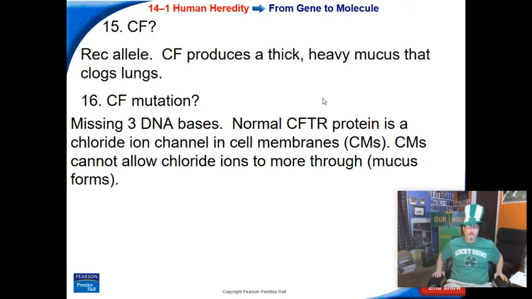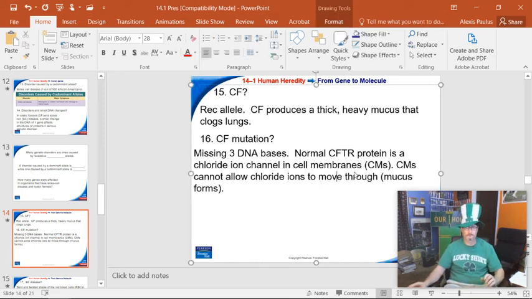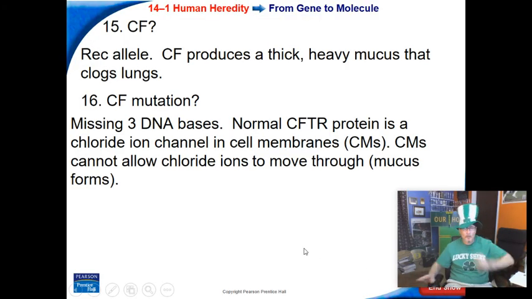So the CFTR protein is... membranes have protein channels in them that allow things to move in and move out of the cell. And in this case, the CFTR protein is a chloride ion channel in cell membranes. And cell membranes can't allow the chloride ions to move through, which leads to mucus forming.